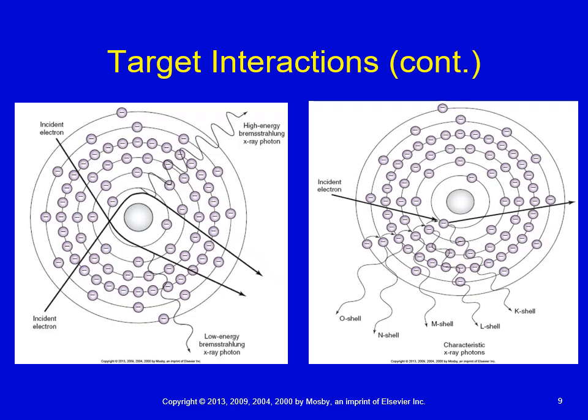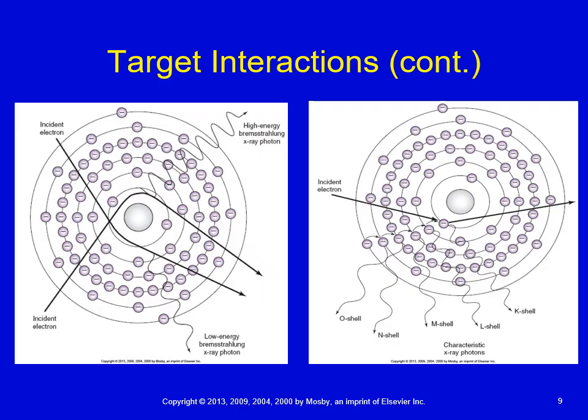We have two electrons coming in on the bremsstrahlung figure on the left and the right, and that basically is trying to depict to us, depending on how close that electron gets to the nucleus and how much the nuclear field pulls on it, it can either pull on it a lot, meaning the electron traveled really close to the nucleus and it was really attracted to it, the strength was really great.